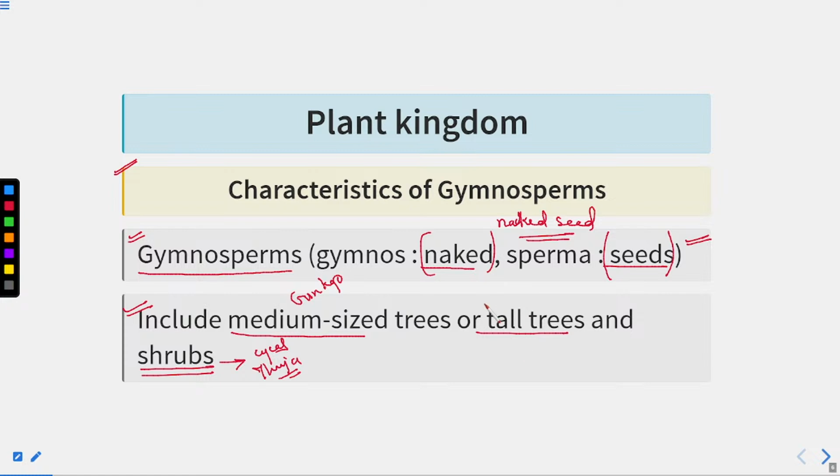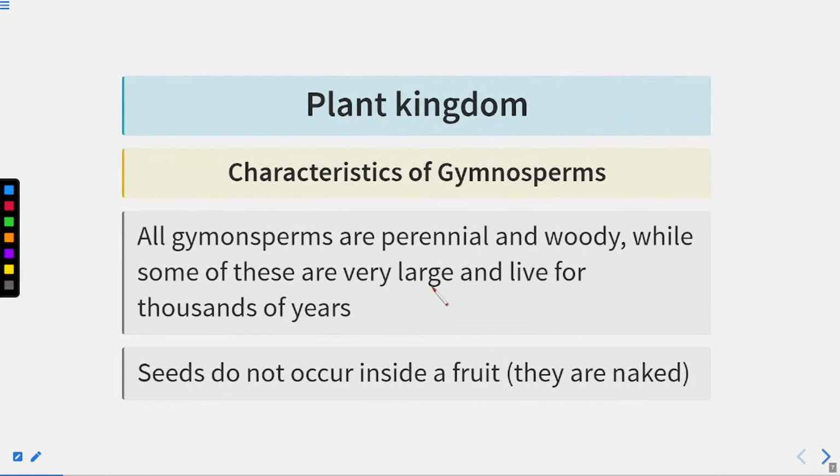And among the tall trees, we have Pinus and Sequoia gigantea, which is the tallest tree, right? So we have different forms and sizes: shrubs, medium-sized trees, and tall trees.